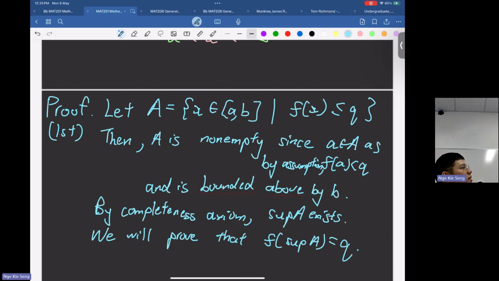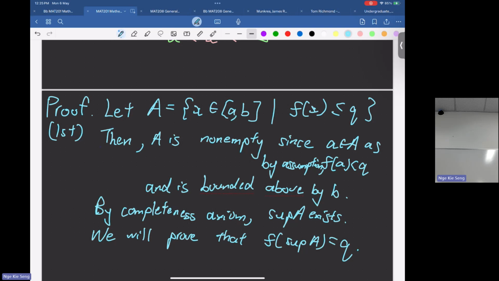But is it clear that sup A is inside the closed interval [a, b] or not? Is it clear why sup A is in the closed interval [a, b]? It's bounded above by b, right? So the largest sup A you can get is just b. Does it make sense or not?